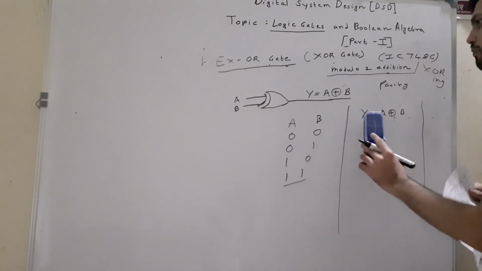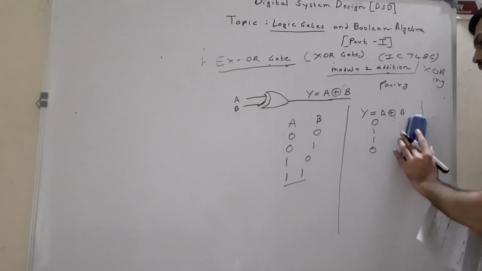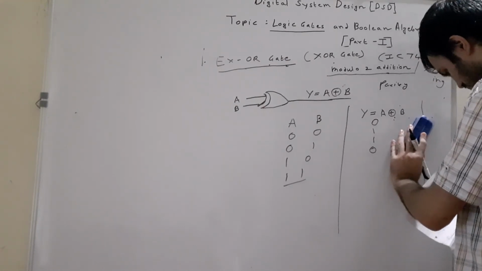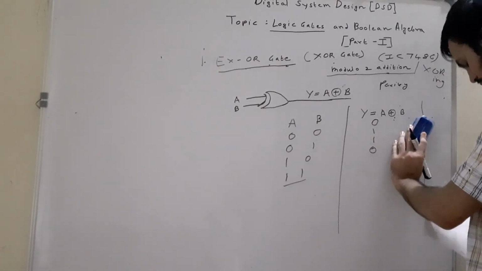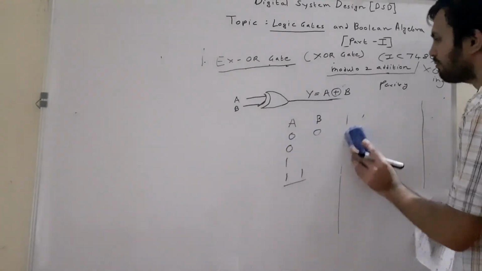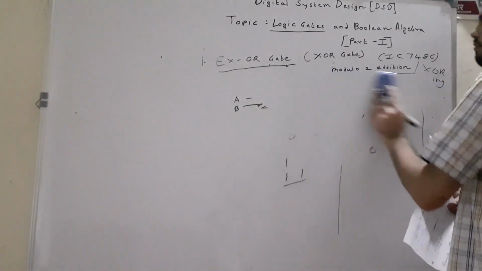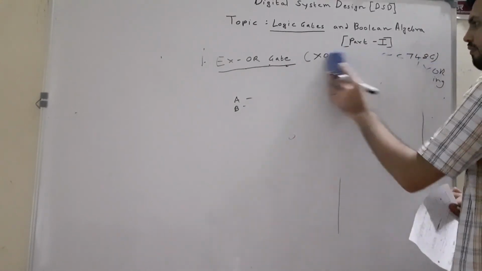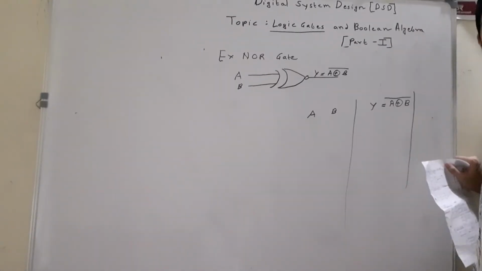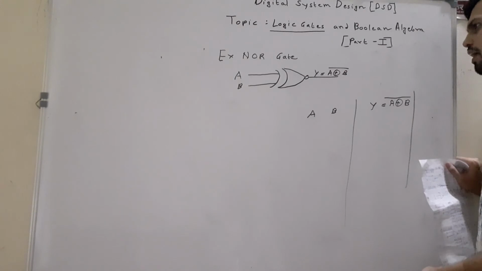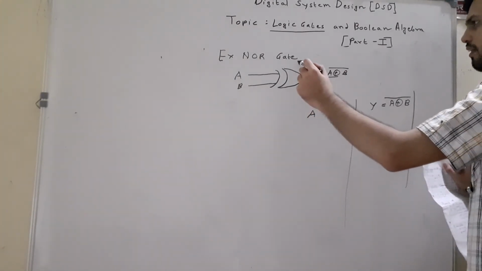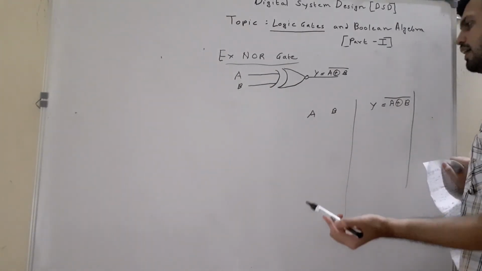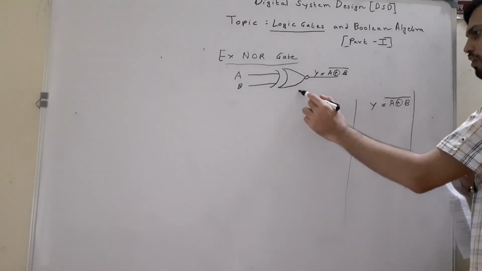So now we move on to study the last logic gate in today's class, which is XNOR gate. So the last logic gate for today we are going to study is XNOR gate. So this is the logical symbol for the XNOR gate.